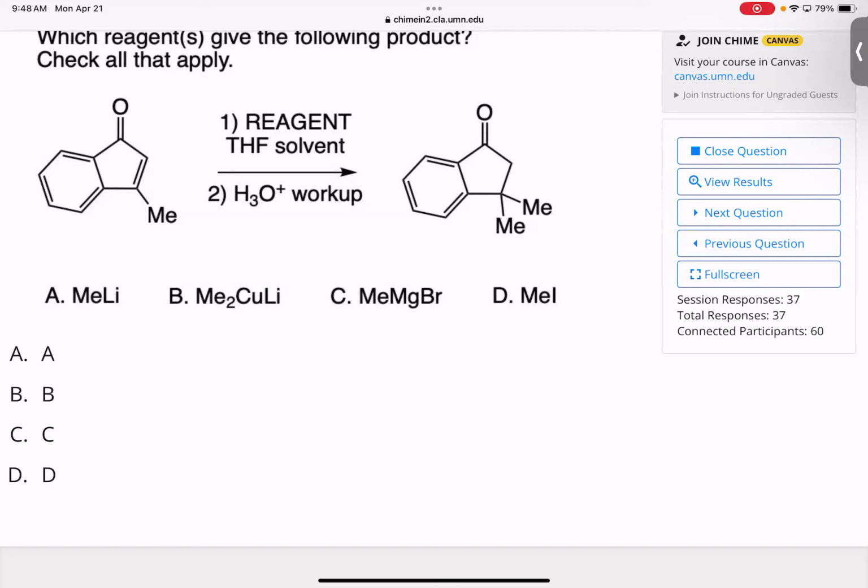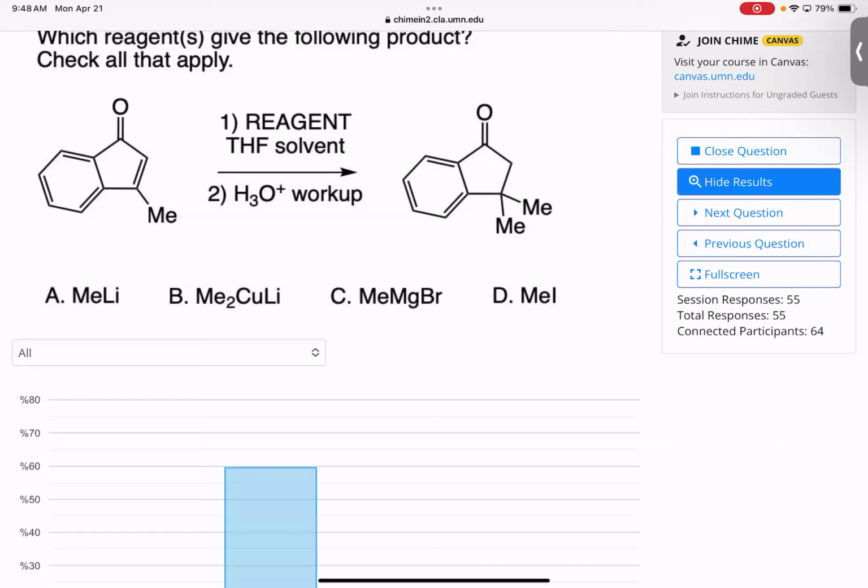So you can think about, okay, those are our source of methyl, but what about this alpha beta unsaturated ketone that we have? And think about that 1,4 position versus 1,2. All right, let's see what people are thinking.